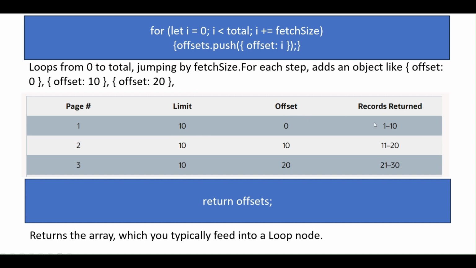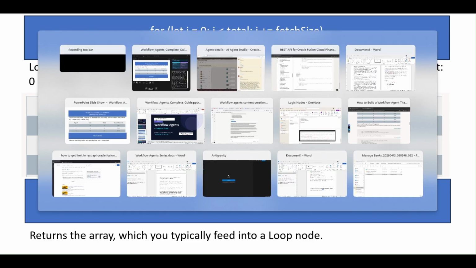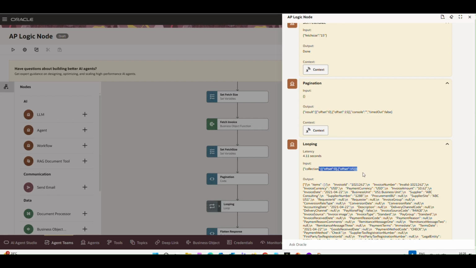Offset was 0 first, so 0 to 15, and then again from 15, increasing, so 15 to 30. Since we have only 26 records, I just need 2 offsets, first 0, then 15. That's the beauty of the code node. We just have to write it once, and if we change anything, because we are providing an input, if the input changes, it automatically behaves and works accordingly.